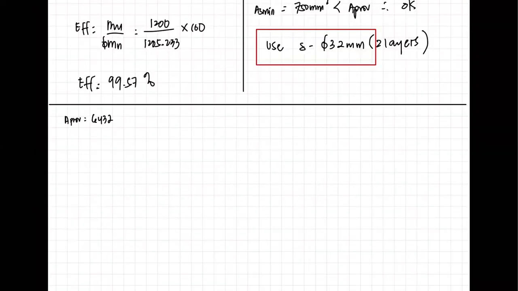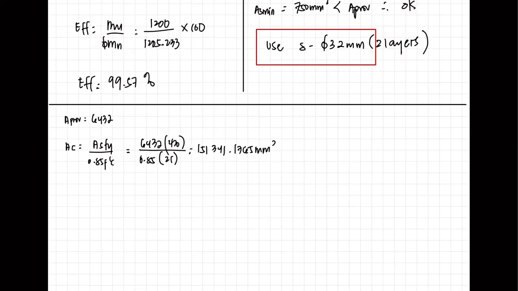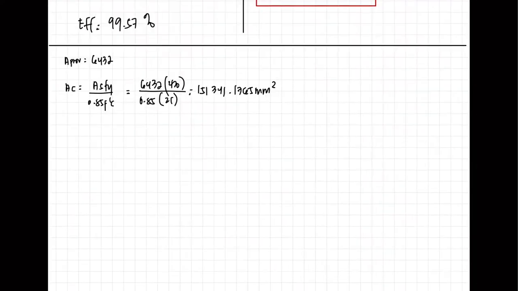Pwedeng gawin natin, kunin natin yung AC using yung AS FY over 0.85 F prime C. So that is 6432 times 420 all over 0.85 times 21. So that is 151,341.1765 mm squared. Ito yung ating area ng compression block.